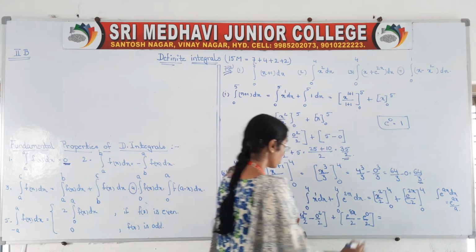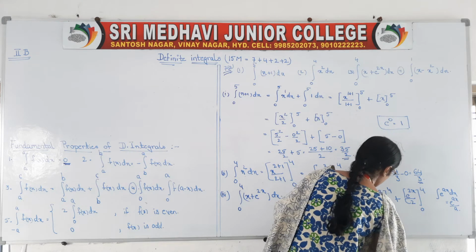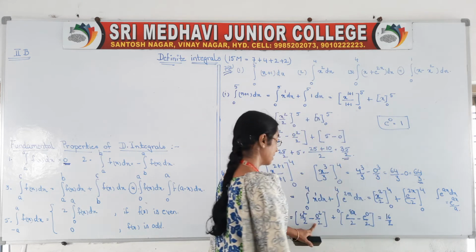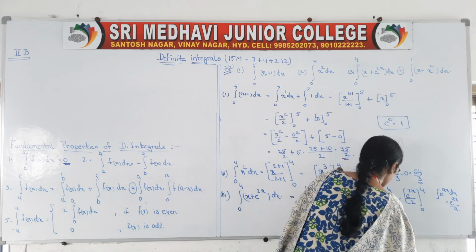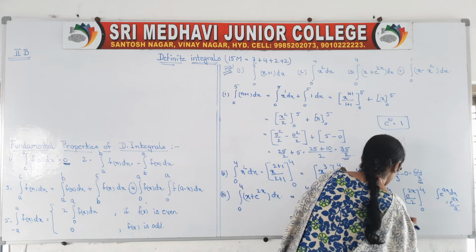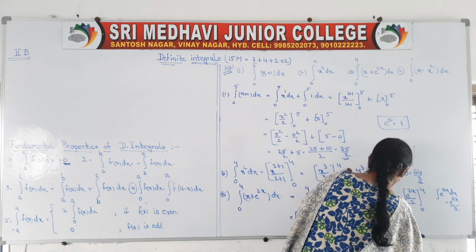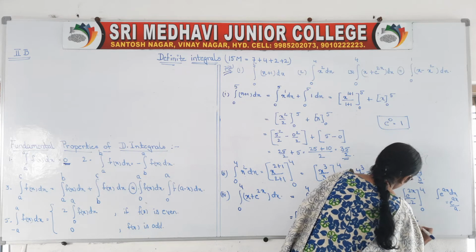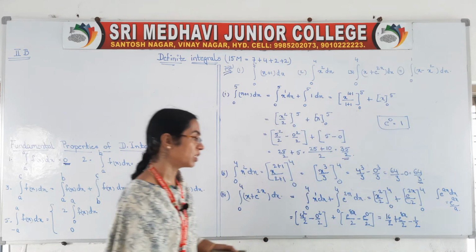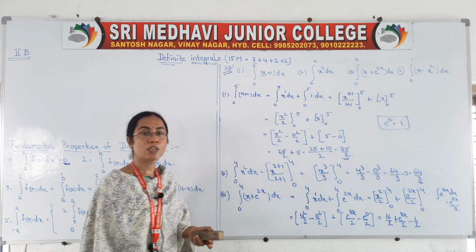Here 4 square means 16 by 2, and this is 0, plus e to the power of 8 by 2 minus 1 by 2, since e to the power of 0 means 1.